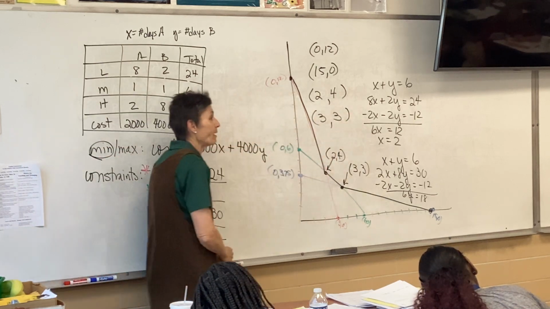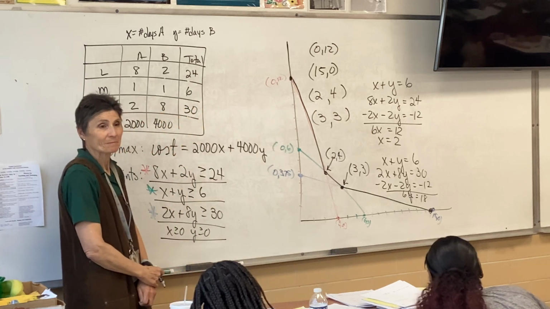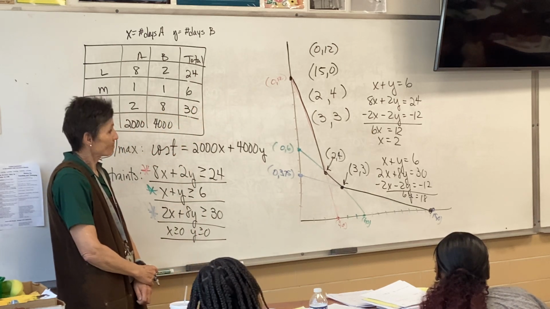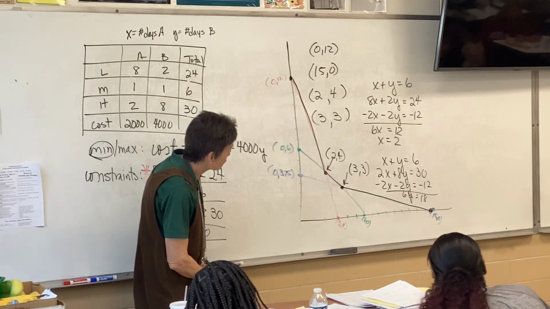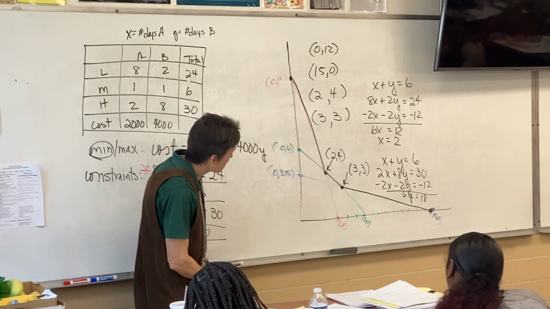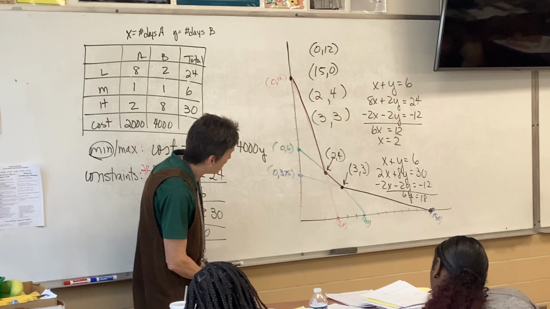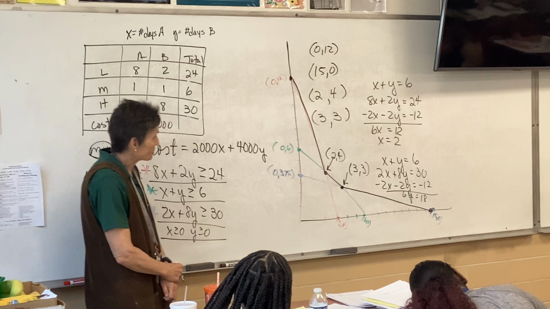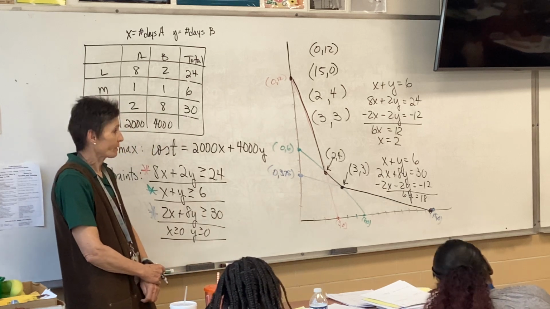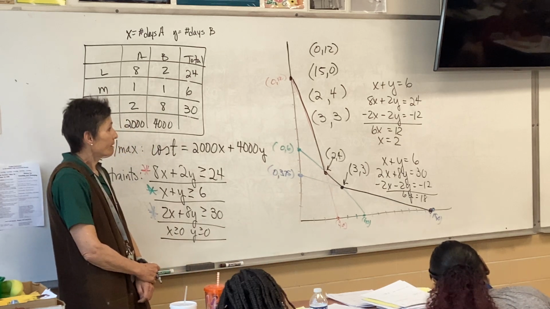All right, what happens now? Paige, you're squinting at it. Did I have a mistake? Anybody else get 3, 3 when he did that? Yeah. All right, now what?